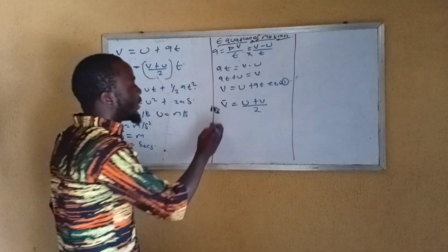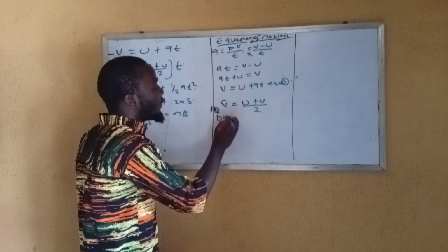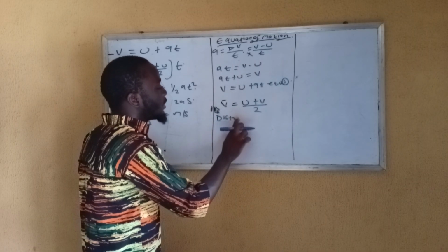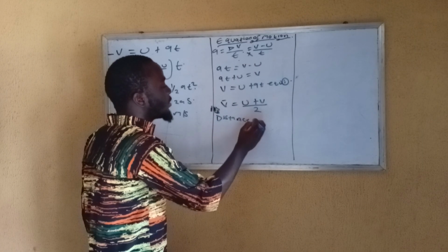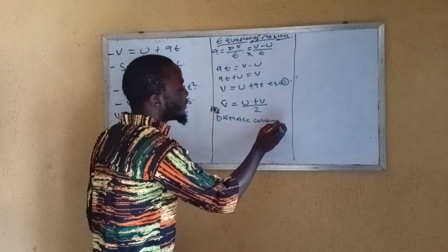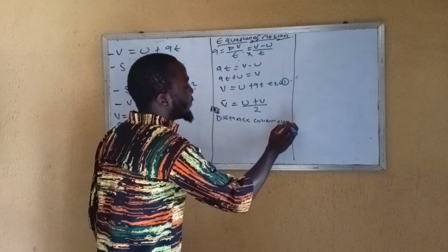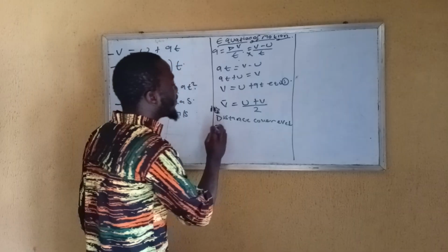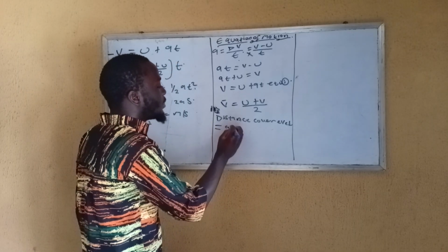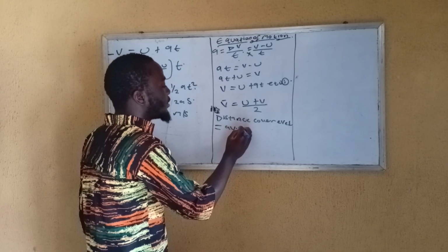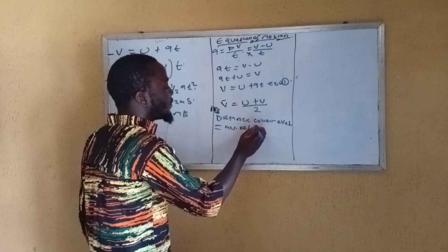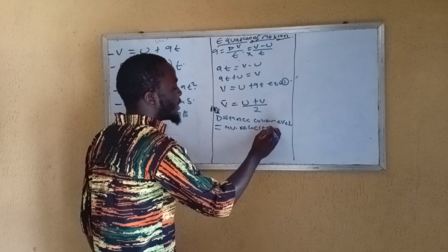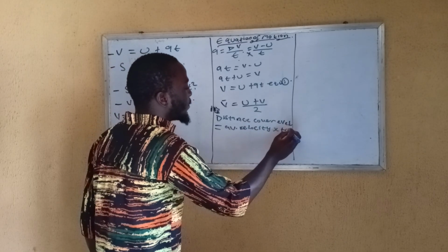And your distance covered. You ask me what's the meaning of distance covered. We said distance covered means average velocity multiplied by time.